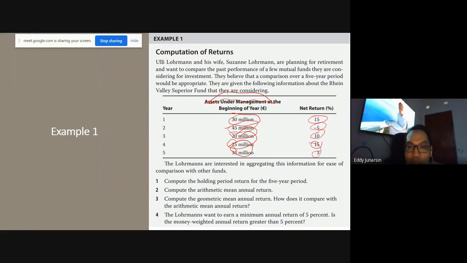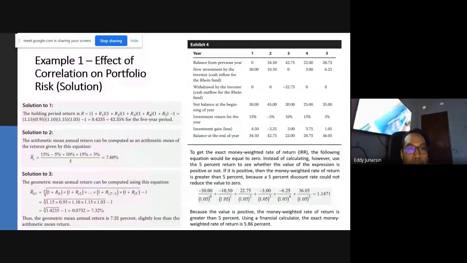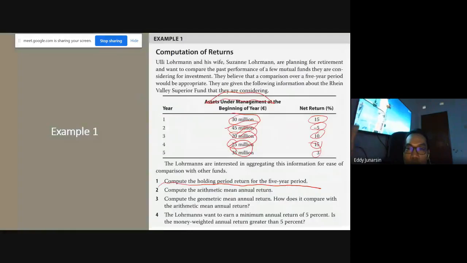So I have some questions here. The holding period return. What is the holding period return again? So what we did before, you just, this is the multiplication. This is similar to the geometric return, but you don't take the power of 1 over n. So for holding period return, we start from 30 million.